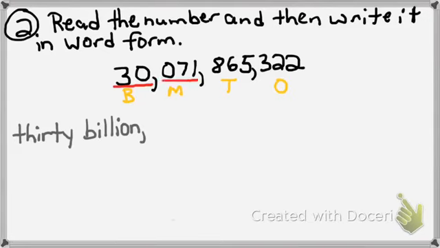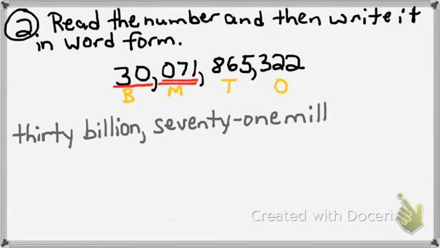I move to the next period, and it's 071, which I know I read as 71, so I will write 71, comma tells me to say the name of the period, which is millions, so it's 71 million, comma.